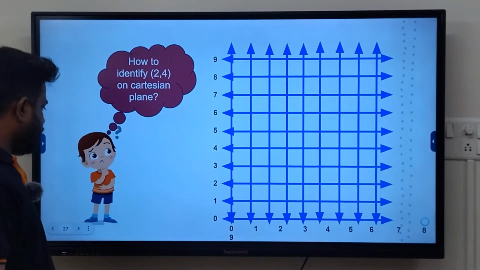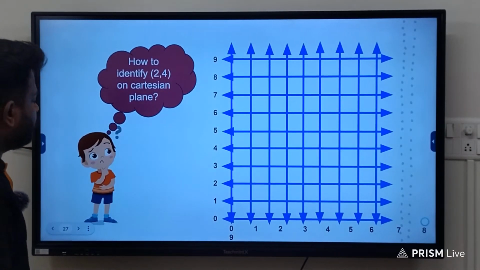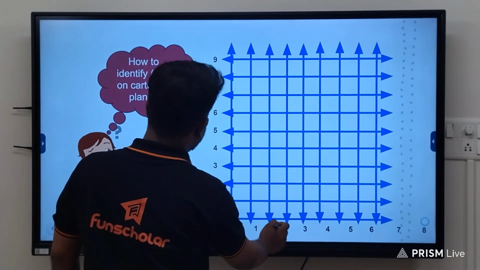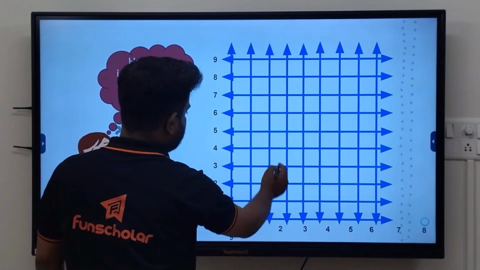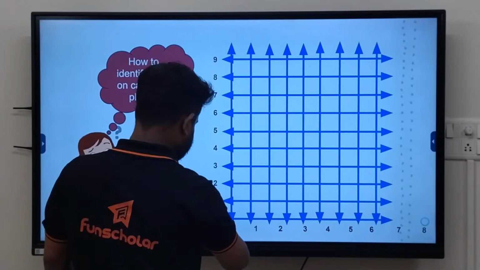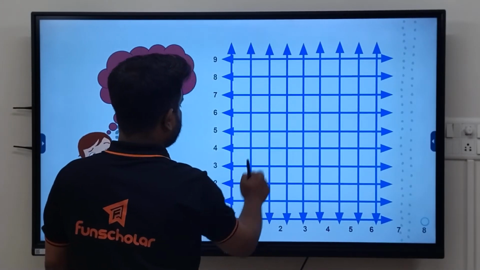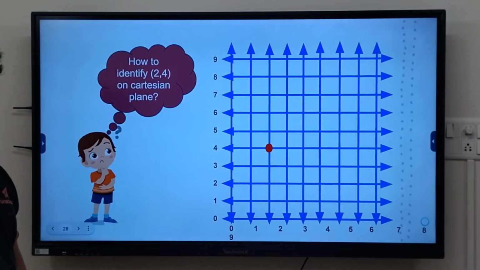Let's go to the next. How to identify 2, 4? Now try to tell me. So 2, it is 1, it is 2, so 2, 4, 4 will also be positive. In the positive side it will be from 0, 1, 2. So 1, 2, 3, 4, it will be like here. Let's see this. Yes, this is in here position.